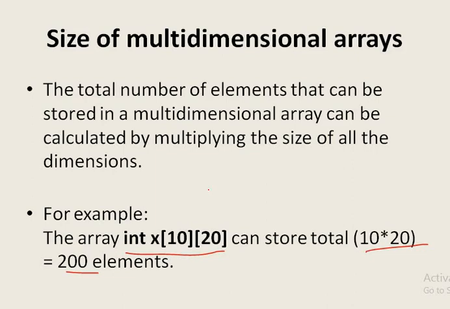You can take another example here. Let it be int A, a three-dimensional array that consists of 3 different dimensions. Let it be 5, 3 and 2.